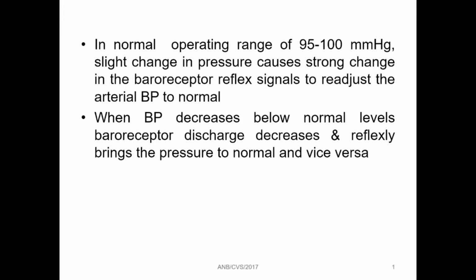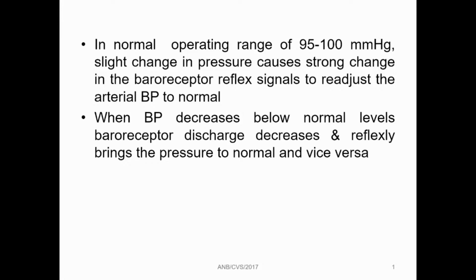Although we have said that this is the normal range in which baroreceptors function smoothly, that is 50 to 160, if there is a slight change in the pressure, it causes a strong change in the baroreceptor reflex signal to readjust the arterial blood pressure to normal. On the contrary, when blood pressure decreases below normal level, baroreceptor discharge decreases and reflexively brings the pressure to normal, and vice versa.